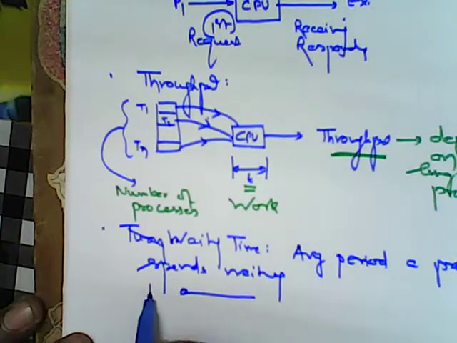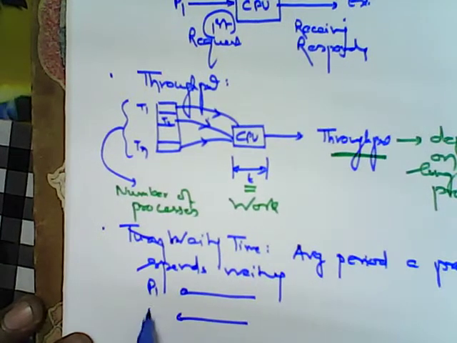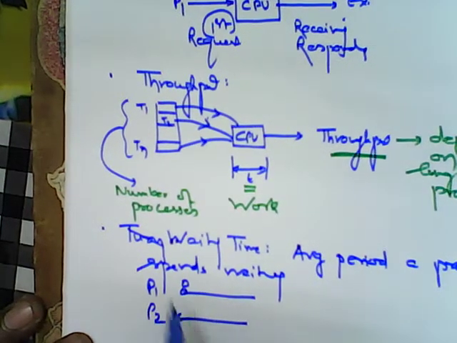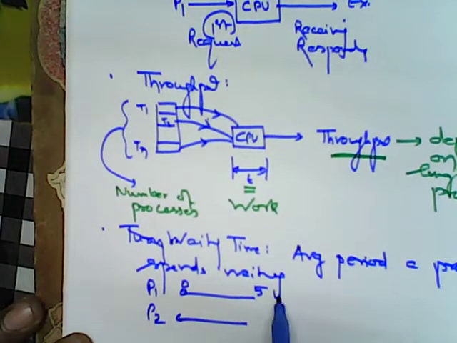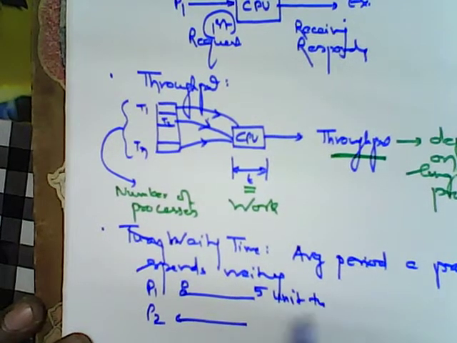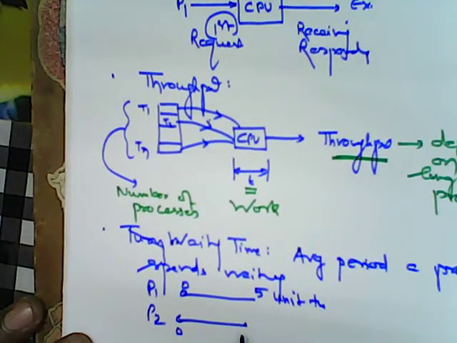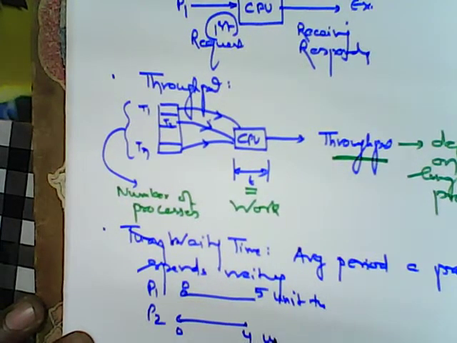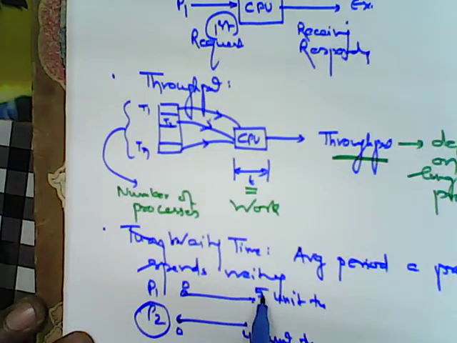If P1 takes 0 to 5 unit time, and let us take that P2 takes 0 to 4 unit time. So 0 to 5, after that the next process starts. So how much time does P2 need to wait until P1 is complete? If you try to see, this is having this much duration.